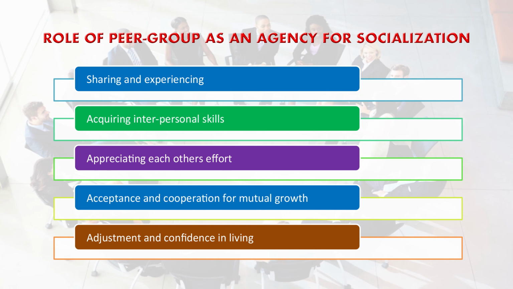How to adjust in a new situation, how to develop confidence to react in a new situation, we also learn from the peer group. So that's the role of the peer group as an agency for developing and achieving socialization.